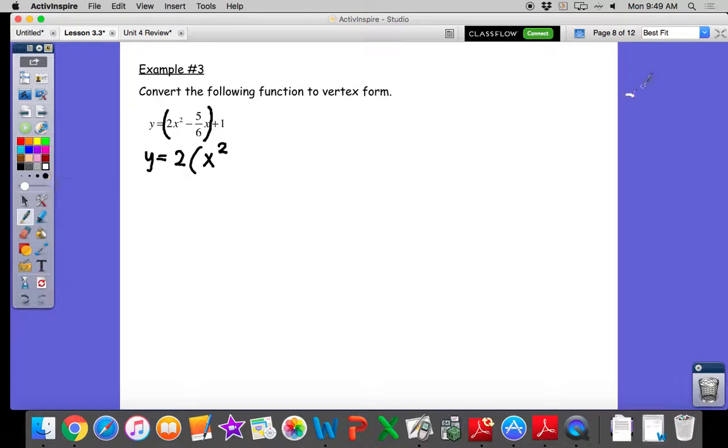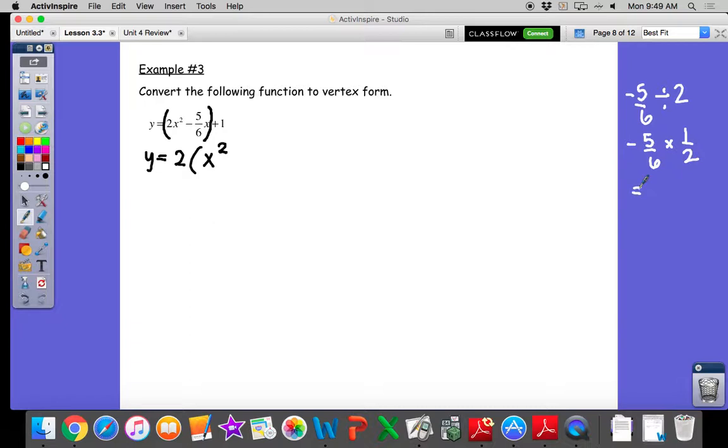So I'll take negative 5 over 6 and divide out 2 from that fraction. This is the same thing as saying negative 5 over 6 multiplied by the reciprocal of this value. The reciprocal of 2 is 1 over 2. So if you divide by 2, it's the same as multiplying by a half.